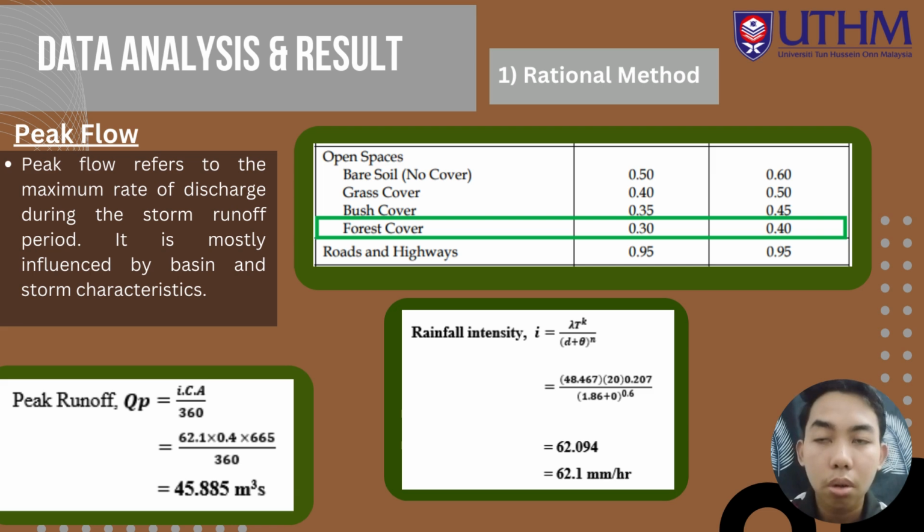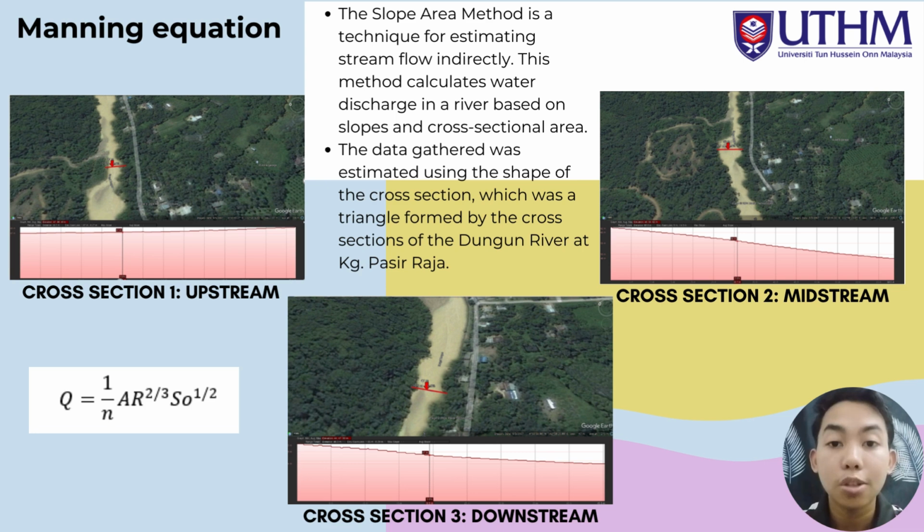C is the runoff coefficient, and we use 0.4, which is open space and forest cover. A is the drainage area in hectares, and we use 665, which is from the Google Earth Pro program. So we divided the total by 360 and we got 45.885 cubic meters per second.